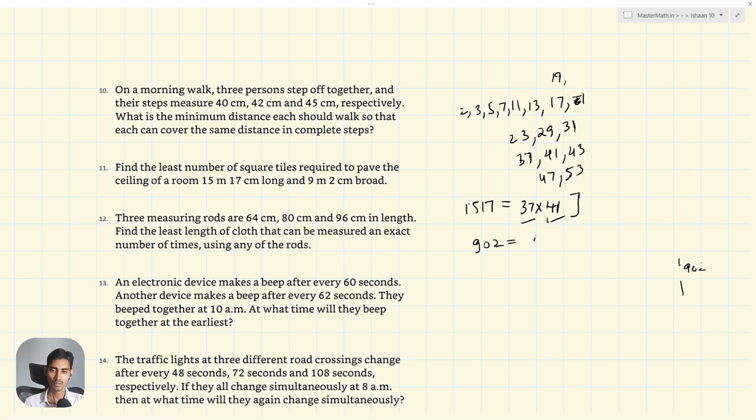You could check if 902 is divisible by 37 or 41. Because there are only two factors of 1517. Now, if no factor is common out of 37 and 41, then the HCF is 1.